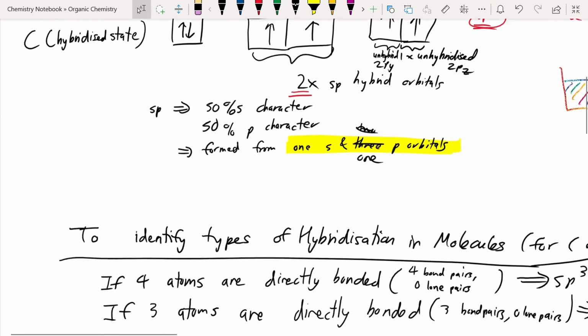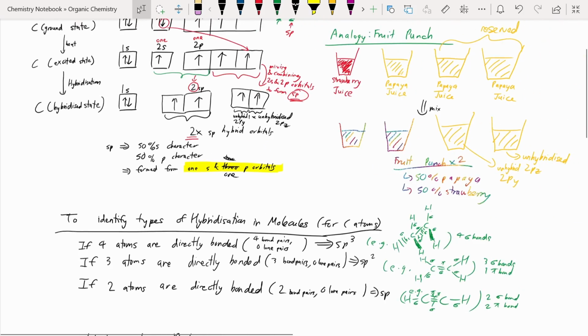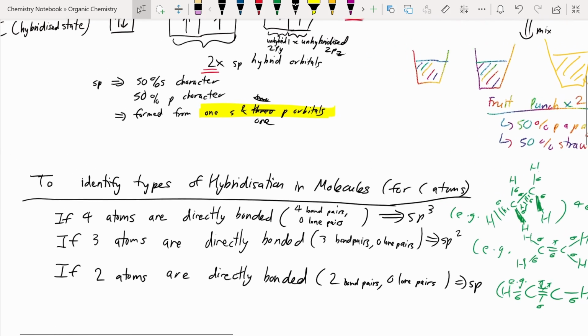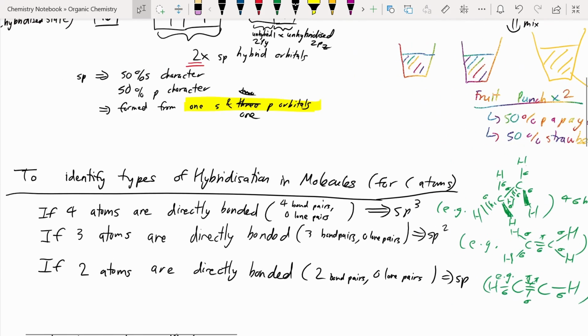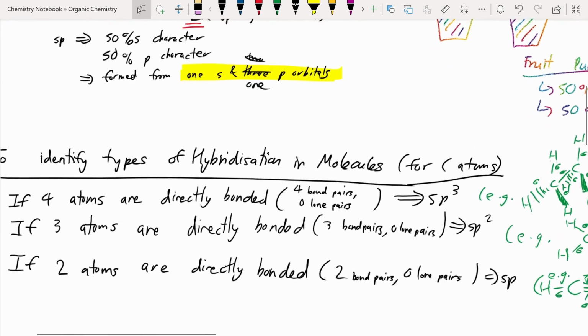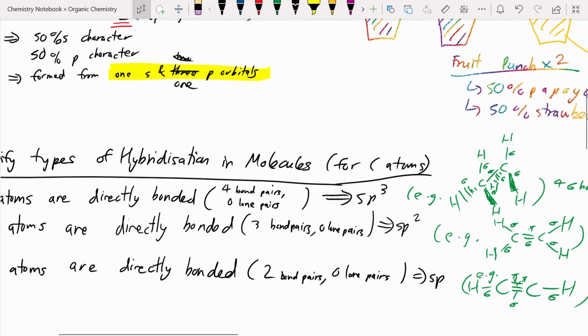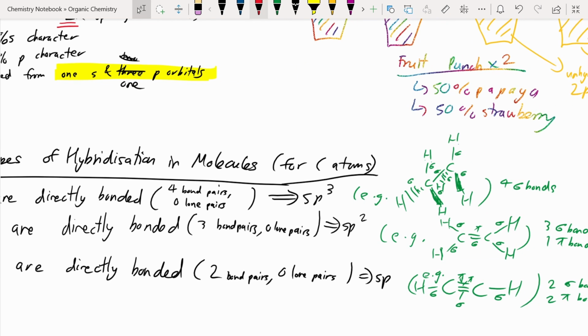Okay. Now we can move on to identifying the types of hybridization in molecules. Just to summarize everything: if four atoms are directly bonded to the carbon, as you can see here in this ethane molecule, each carbon has four bond pairs, or four sigma bonds surrounding it.